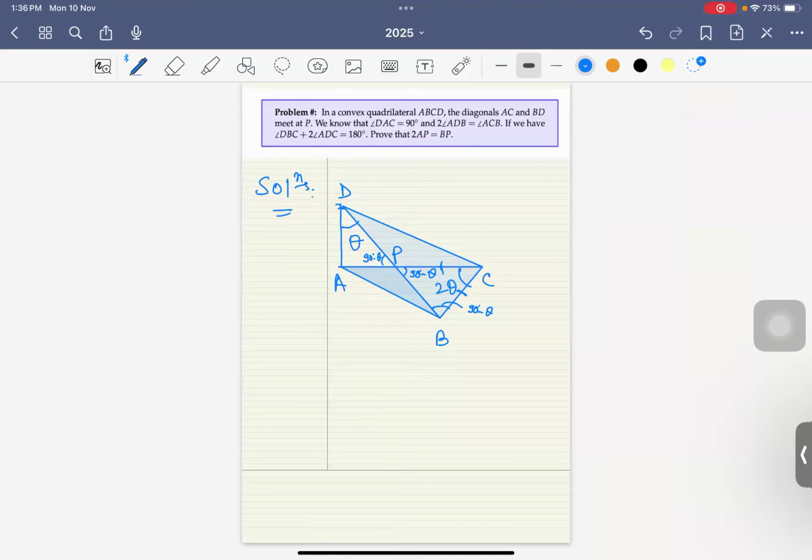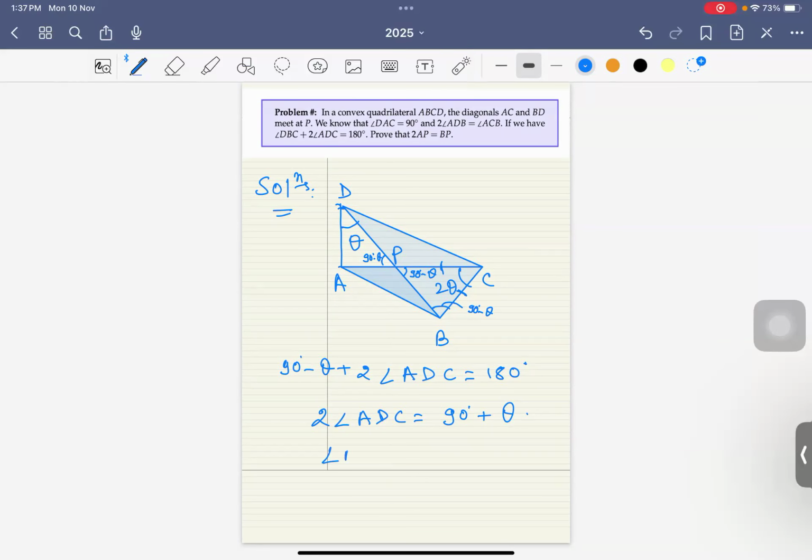Right, now I come to the next information, that angle DBC, which I now know is 90 degrees minus theta, plus 2 angle ADC is 180 degrees. And that tells you that 2 times angle ADC is equal to 90 degrees plus theta.